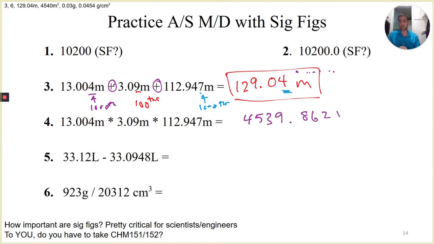Okay, but the important part is recognizing our sig figs. 5 sig figs, 3 sig figs, 6 sig figs. Multiplication division, I'm only allowed 3 significant digits, 1, 2, 3. This number is larger than 5, so I add 1, and I now get 4, 5, 4.